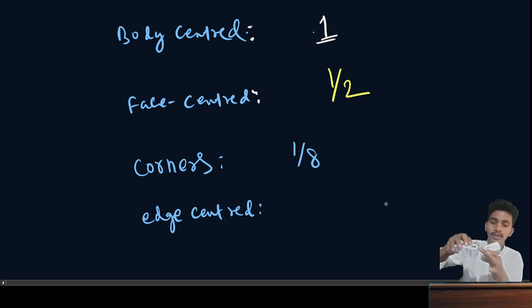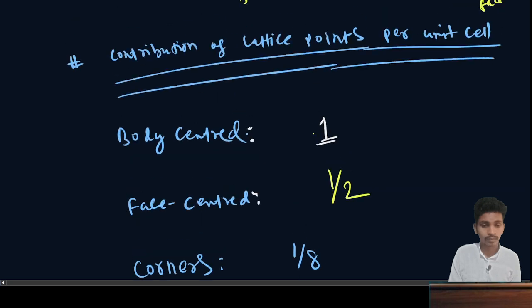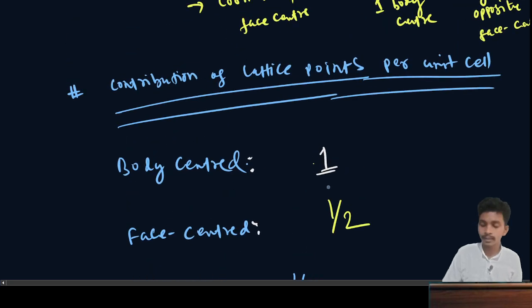So I need 4 unit cells. So the edge center contribution is 1 by 4, whereas the corner contribution is 1 by 8, and the face center contribution is 1 upon 2. This is the contribution of lattice points for unit cells.